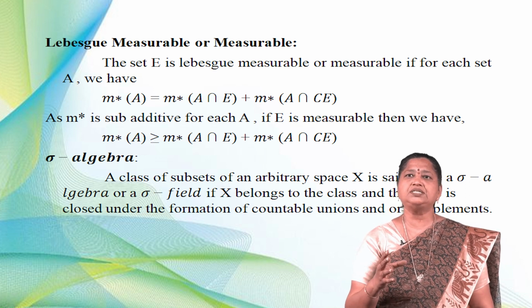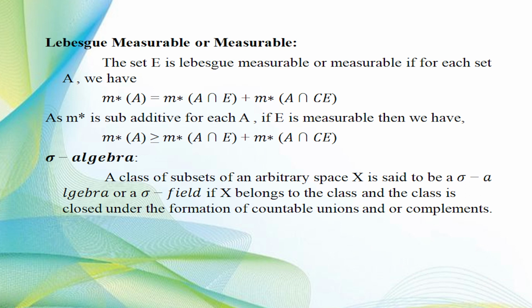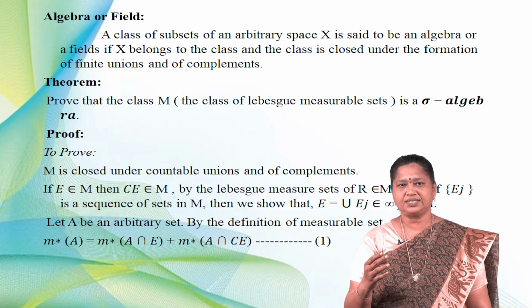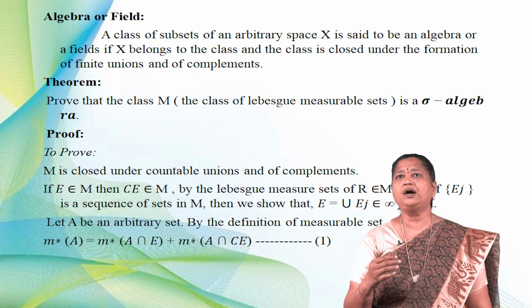The next definition is sigma-algebra. That is a class of subsets of an arbitrary space X said to be a sigma-algebra or a sigma-field if X belongs to the class and the class is closed under the formation of countable unions and complements. That is sigma-algebra. The next is algebra or field.